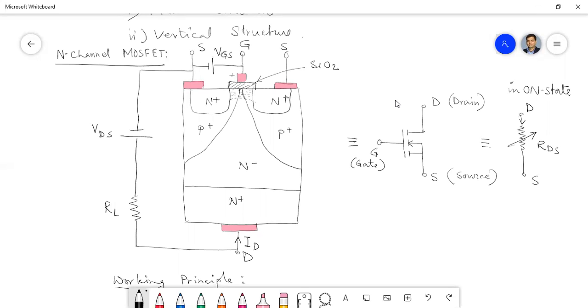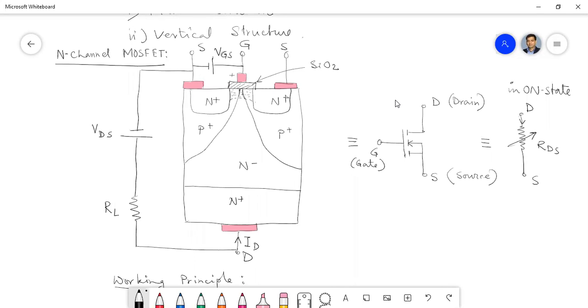So that means the current can flow through a homogeneous substrate. That means all through the n substrate, the current can flow because everywhere you have the n substrate. Slightly there was a p substrate, but due to this electrostatic induction, there also the channel becomes through.